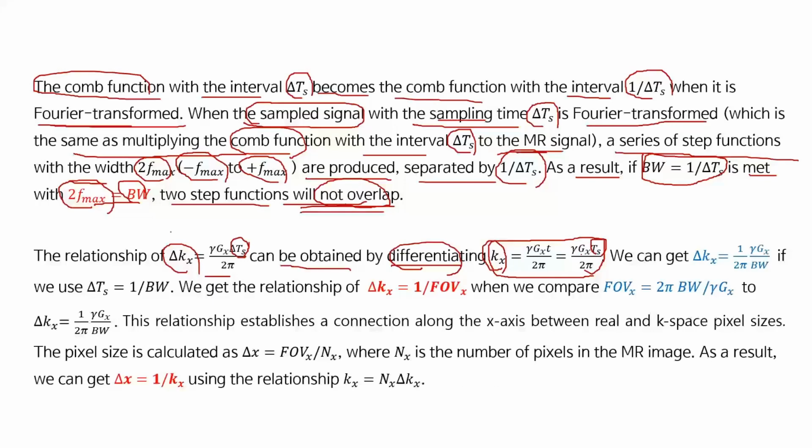So we have this relation for delta kx. So delta kx means the size of the pixel in k-space along the x direction. So this gives the pixel size in k-space.